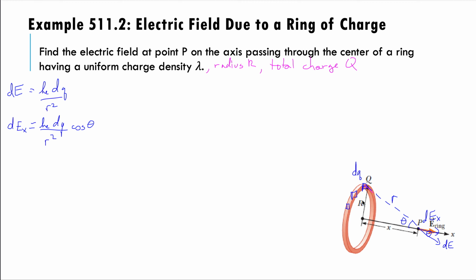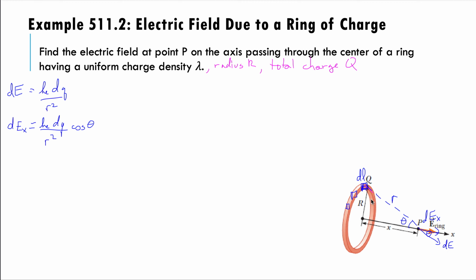All the points also have the same distance r to point P. So what we can consider is that one of these elements has a length dl, and that we need to integrate this dl across the whole circumference of the circle, which is 2 pi r.